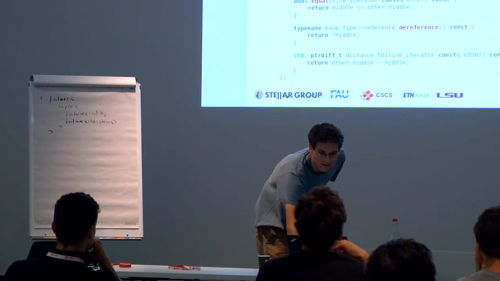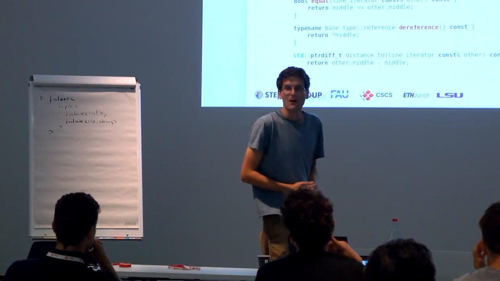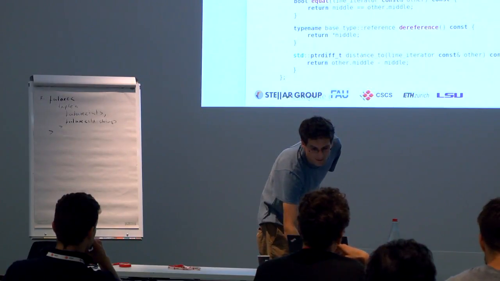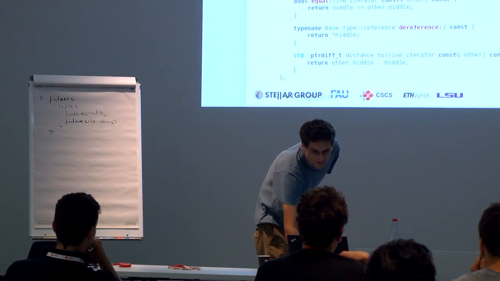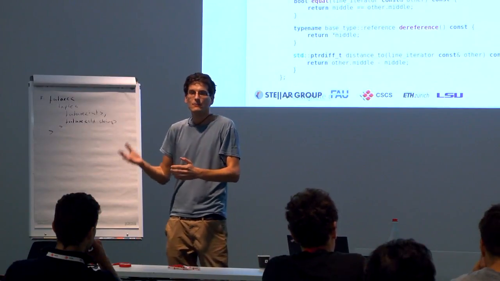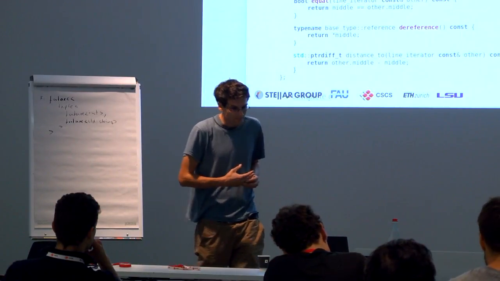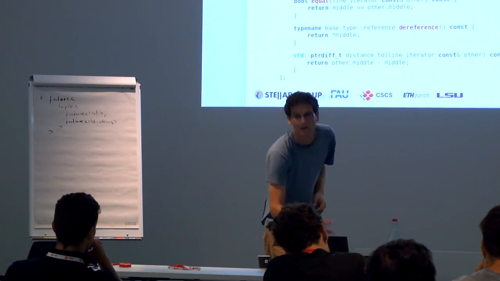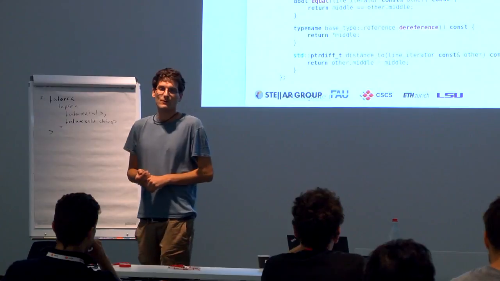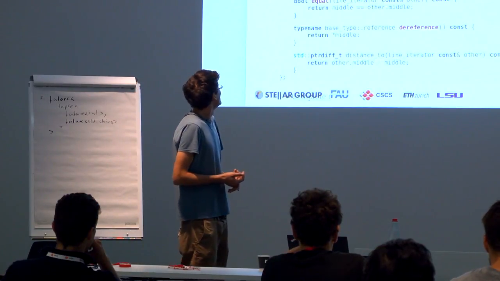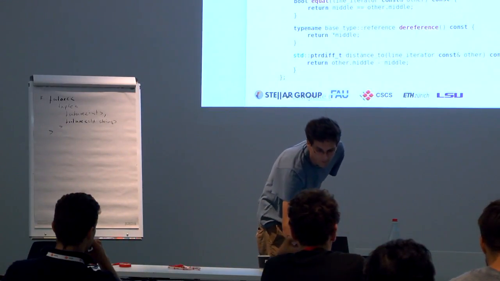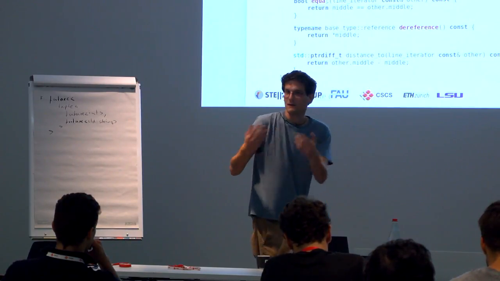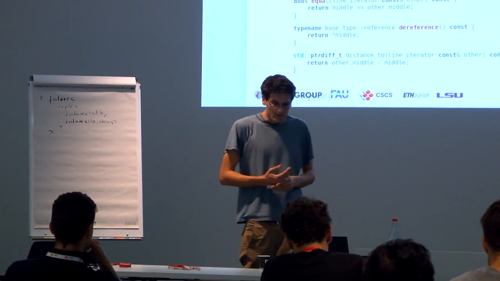So you pass in your own type when deriving from the iterator facade. Then you want to pass in the value type, so the type you get when dereferencing the iterator. And of course, you want to say which iterator category you want to conform to, right? And then to make it complete, you also want to have an equal function, which just says whether the iterator is equal to another.